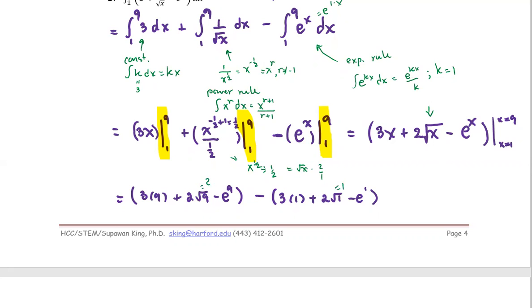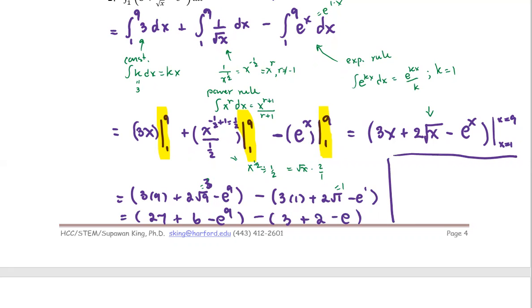So far, I know that I can clean up without using the calculator, as this is 27 plus 3 times 2, that's 6, minus e to the power 9, minus 3 plus 2 minus e. And I have the first one as 27 plus 6, and also minus 5.